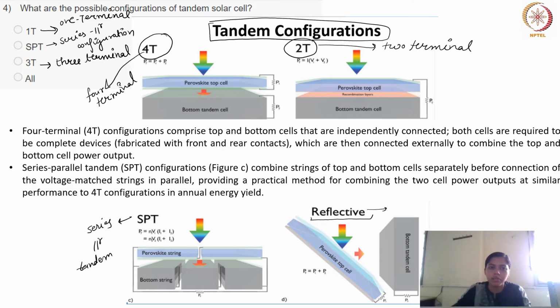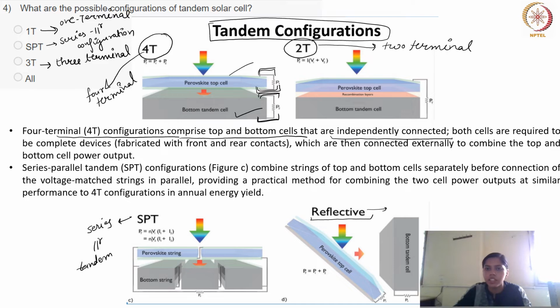So the four terminal configuration, as you can see in the figure, comprises the top and the bottom cells. This one is the top cell, this one is the bottom cell, and they are independently connected, with connections from here to here and from here to here. So you can see there are four terminals, and that's why we call it the four terminal tandem solar cell configuration.